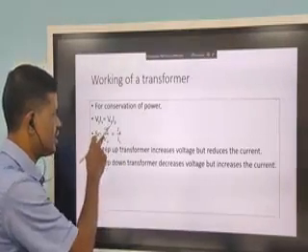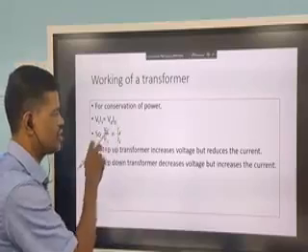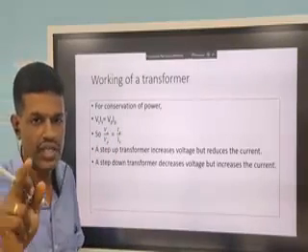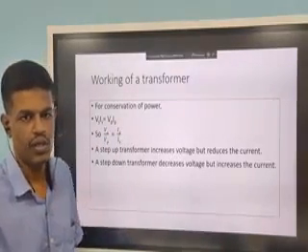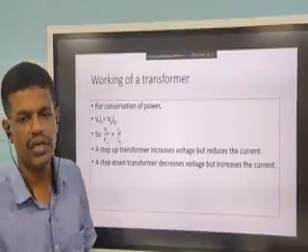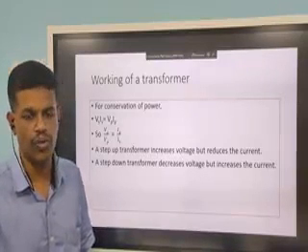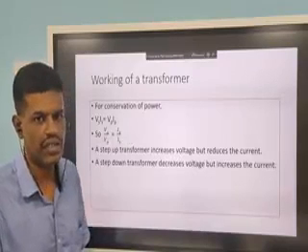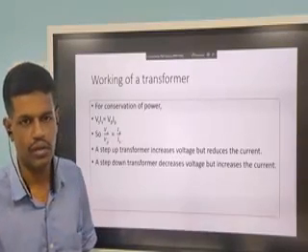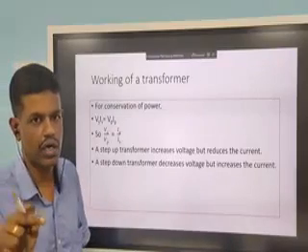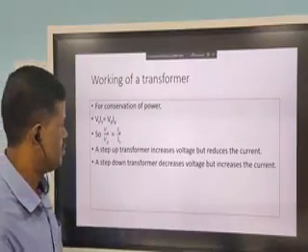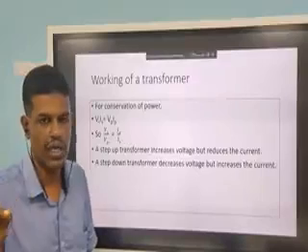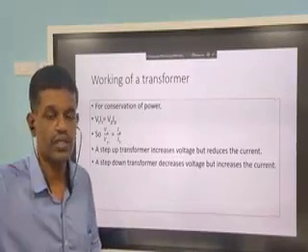If Vs is greater than Vp, Ip will be greater than Is, or Is is less than Ip. This means in a step up transformer, when we increase the voltage, it is done at the expense of the current. When we increase the voltage, current is reduced. Similarly, a step down transformer decreases voltage but current is increased.